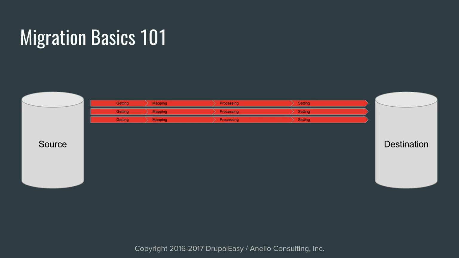I think there might be one in beta that knows how to talk to WordPress sites. There is or will be one that knows how to talk to XML files and use XPath to extract all the data. So these are called source plugins. The migrate module in Drupal core gives you all of these. It gives you all of your destinations. So really, when you're writing a custom migration, what we're focused on is the mapping and the processing.